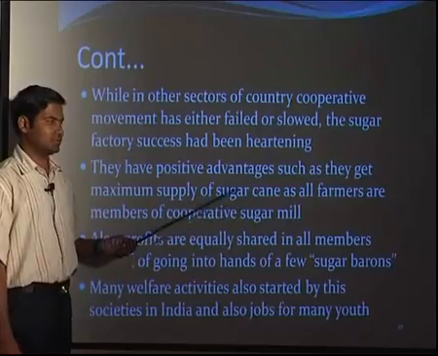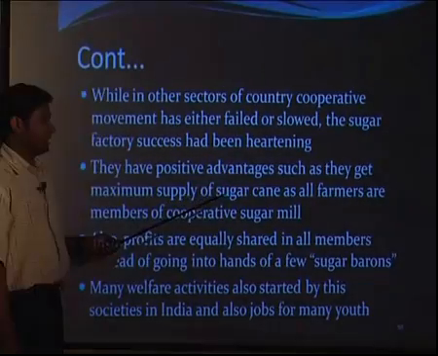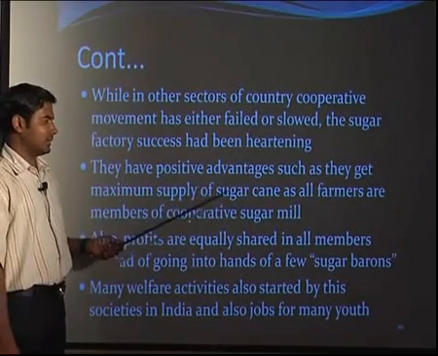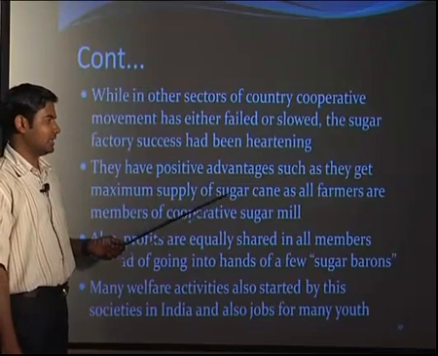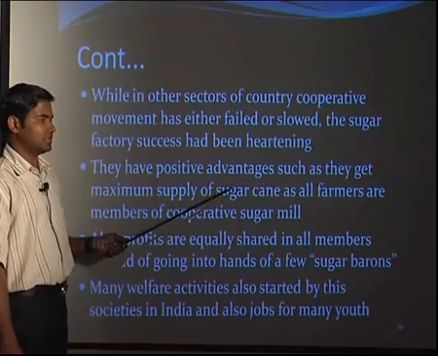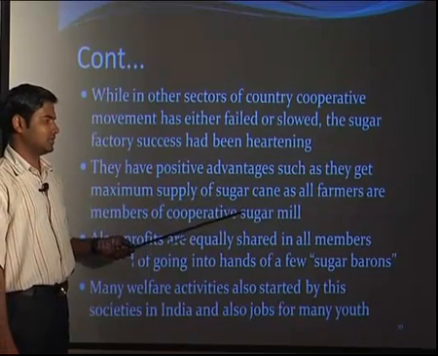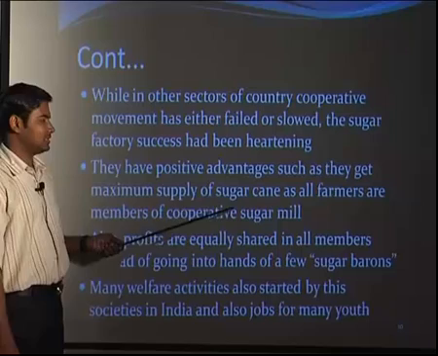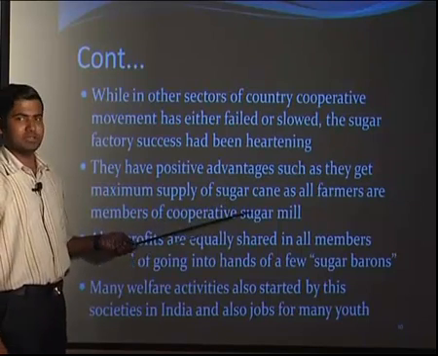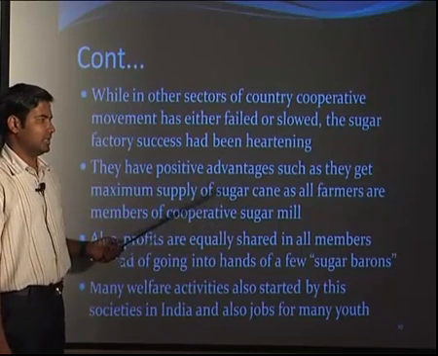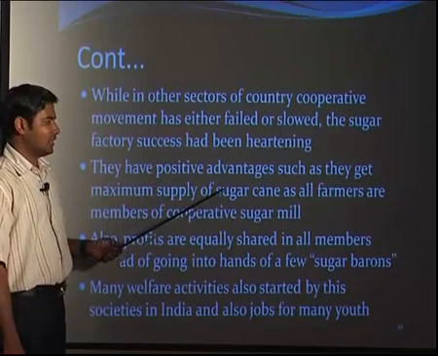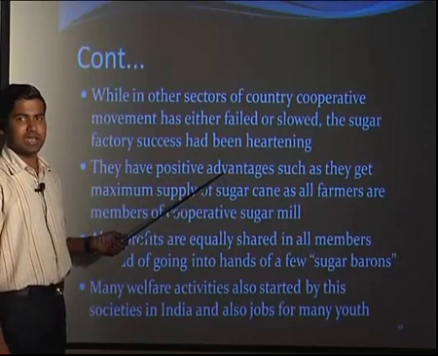So wherever the sugar factory is located, they will have all the supply of sugar cane from that area. The sugar cane growers in that area will tie up with the sugar mill there, and they will supply all the sugar cane to that factory. In this way, both are benefited. The farmers can sell their sugar cane directly to the factory.